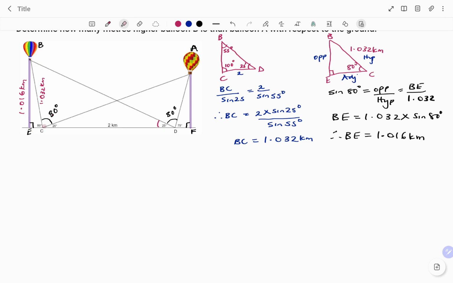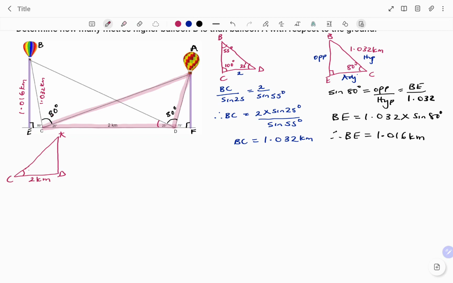This time around, I'm going to be using the triangle ACD in order to find the distance AD. The ultimate goal is I need to find the height of the balloon A. So, using the diagram shown, I'm going to draw a rough sketch. This way, I have balloon A, I have D, and I have C. The distance CD has been given as 2 kilometers.